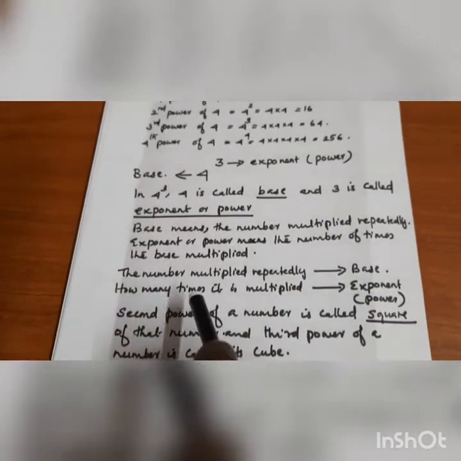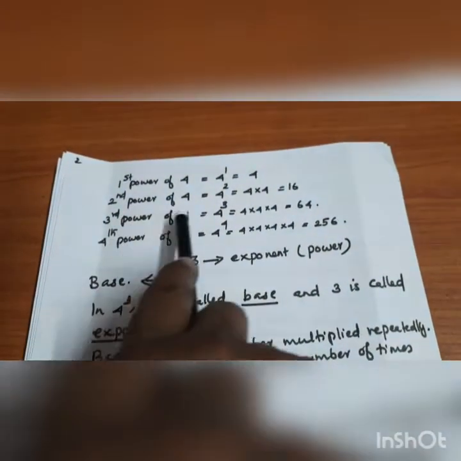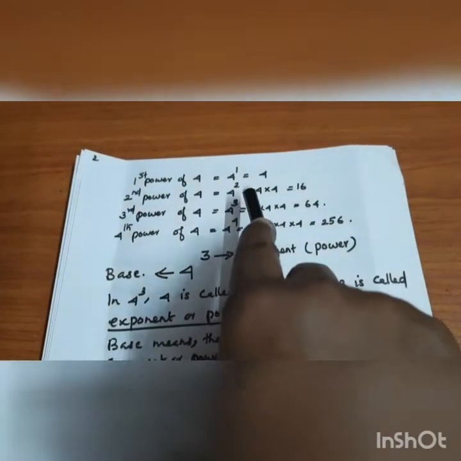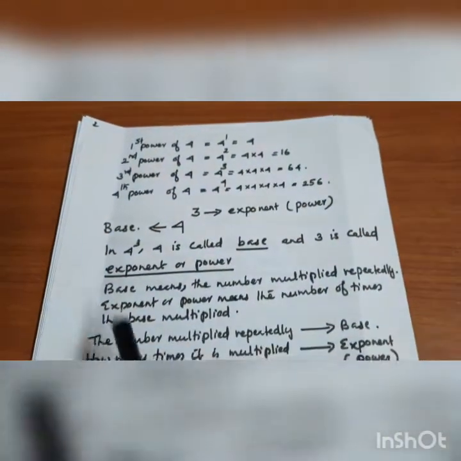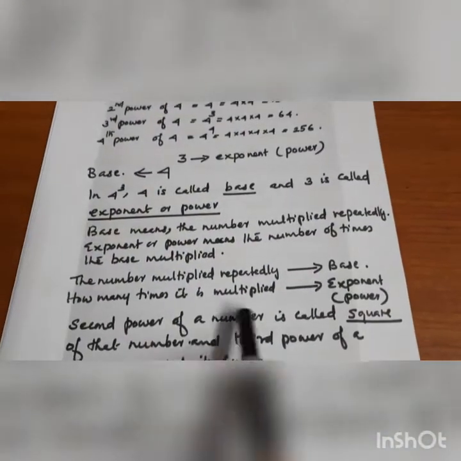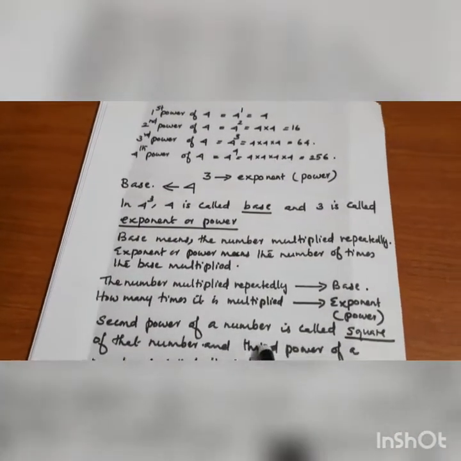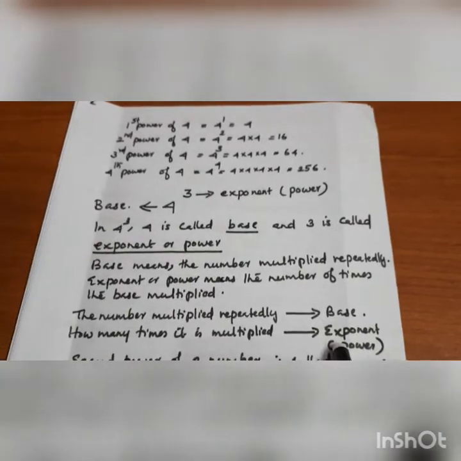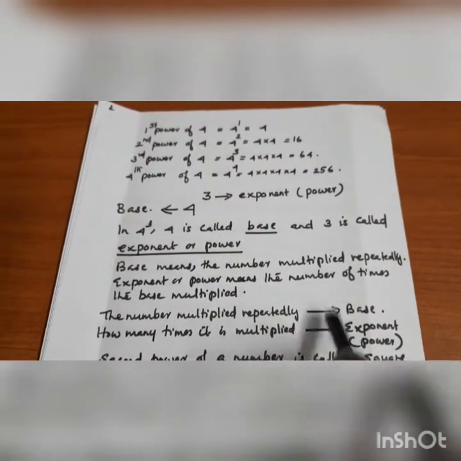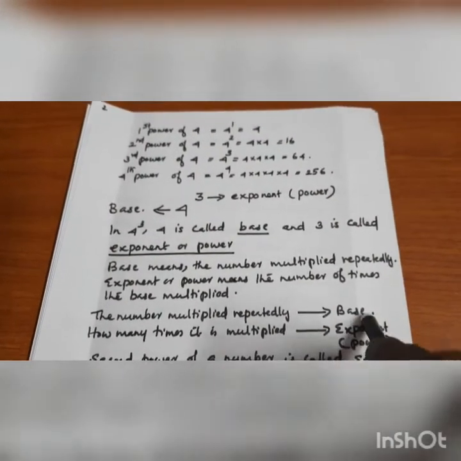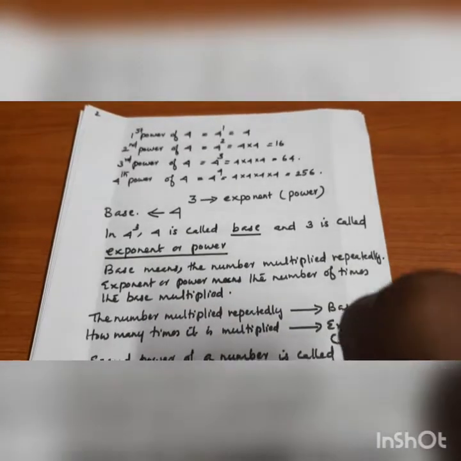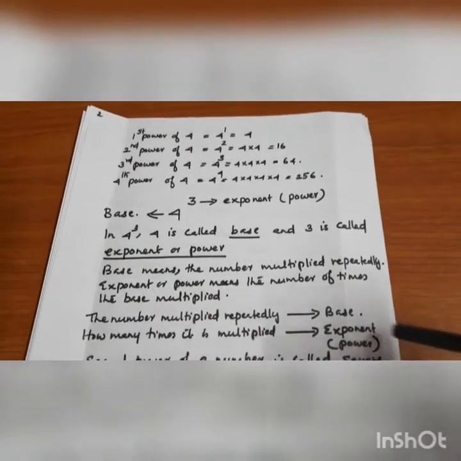Then, the second power of 4 is 4 raised to 2. The second power of a number is called square, and you will study squares in the 7th standard, in the second or third volume.